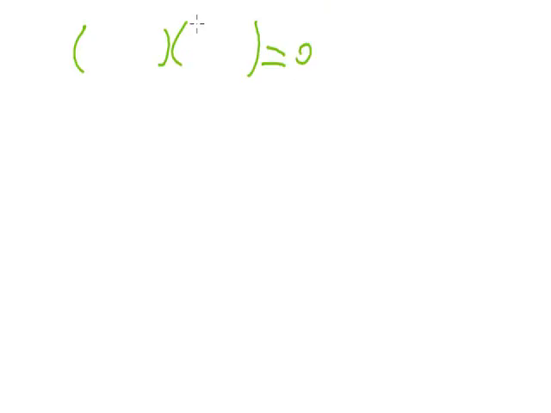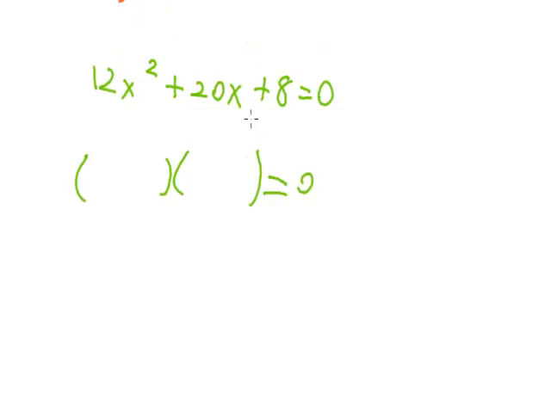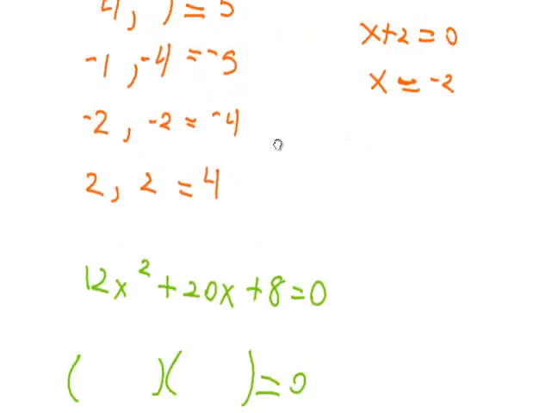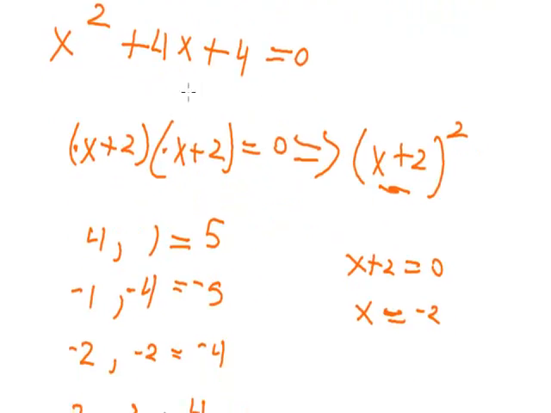And something to take note of. When you have, let's go back up here. When we had a positive c right here, this is plus, there's only two ways that this number can be positive. That is, if both these two are positive or both these two are negative.